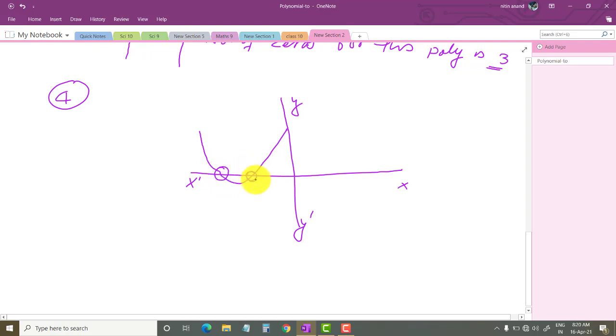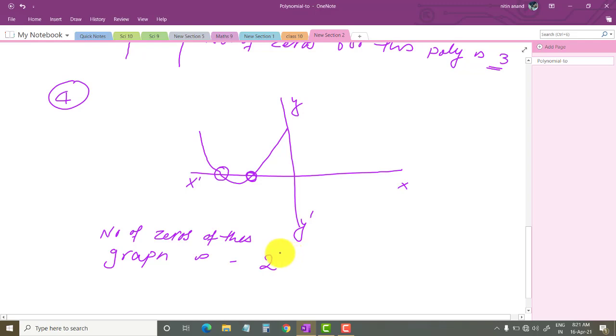That means 2 points. So the number of zeros of this graph is 2, since it intersects the x-axis 2 times.